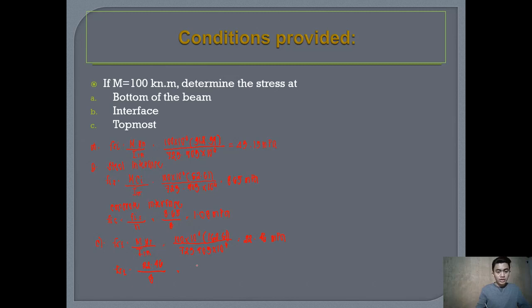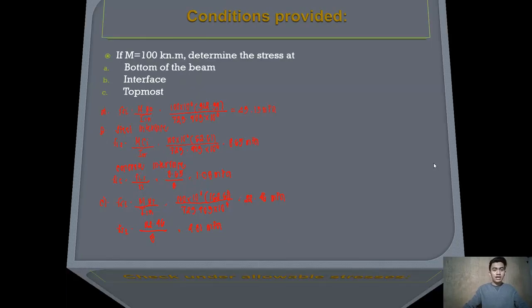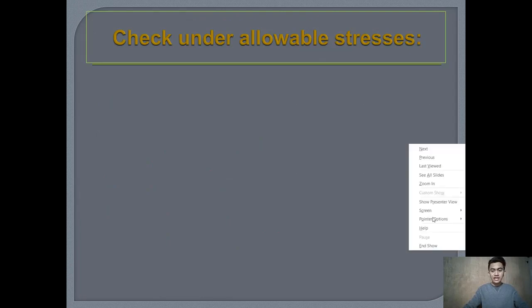So I have here 2.81 MPa as our final answer for the topmost stress now of our composite beam. So from here, we can now determine the allowable stresses and then compare them with Fs sub i, or that is the bottom stress of the composite beam, and then Fs sub t, which is the topmost stress of the composite beam provided.